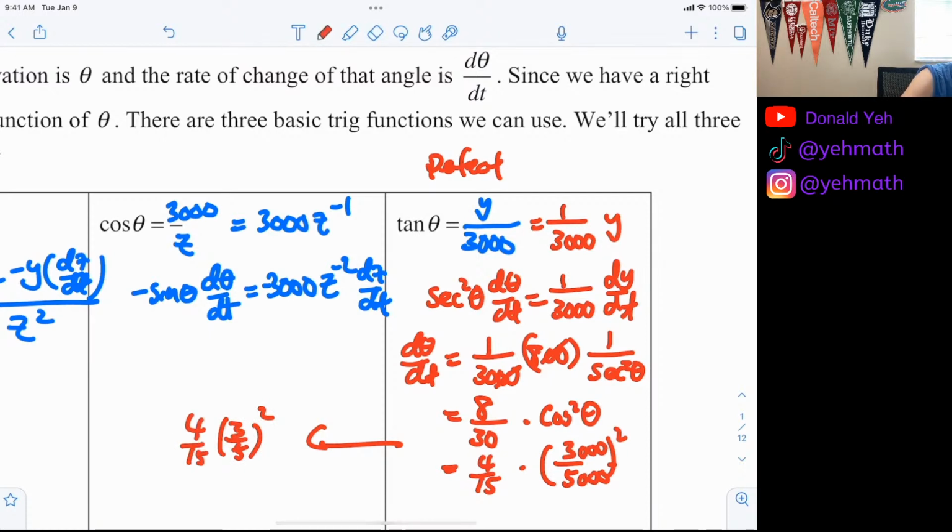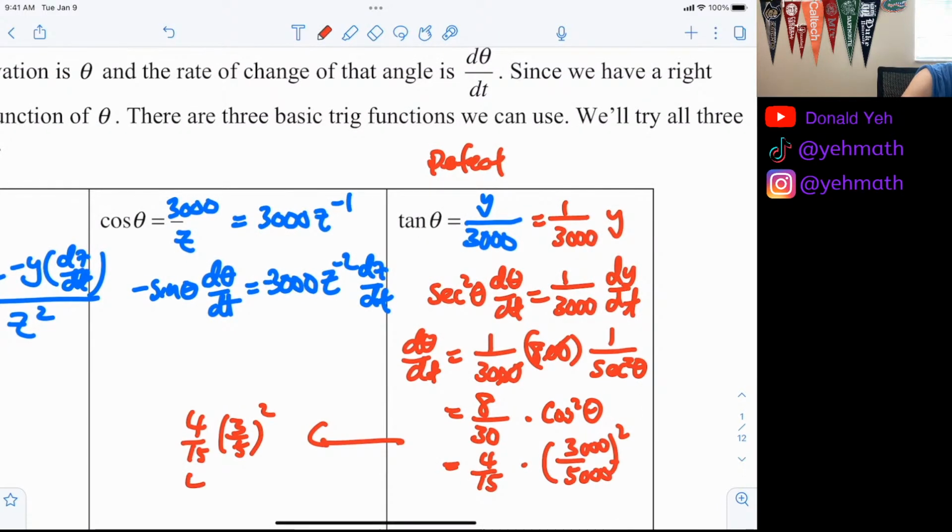Am I going too fast? So 4 over 15 times 9 over 25. This one can simplify down by 5. So that's equal to 12 over 125 radian per second. So that's about 1/10 of a radian per second.